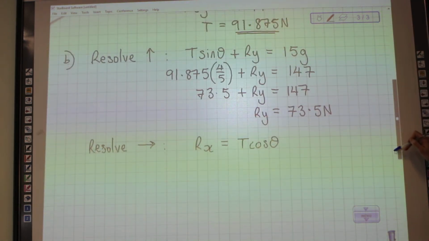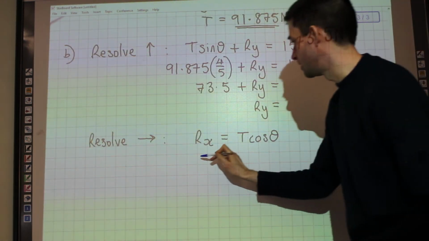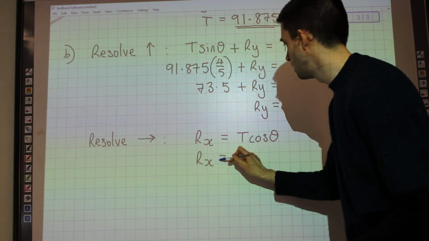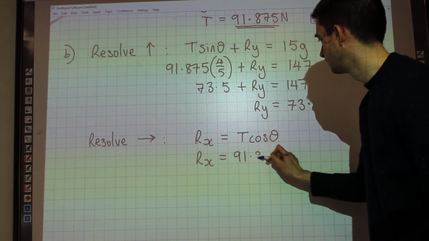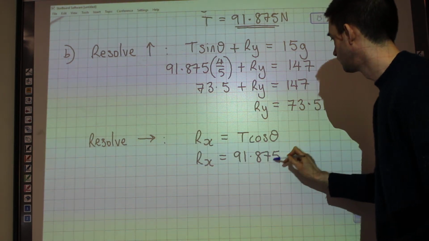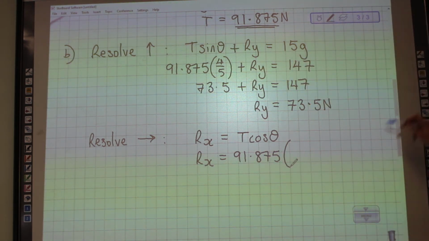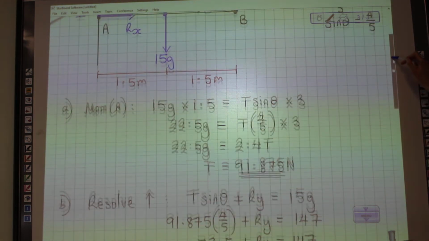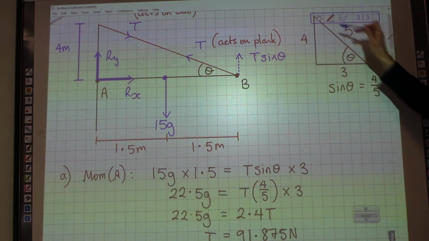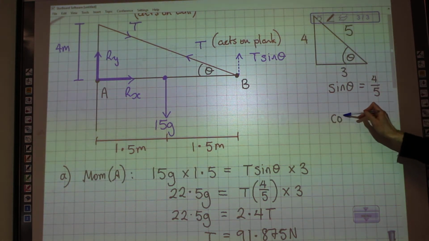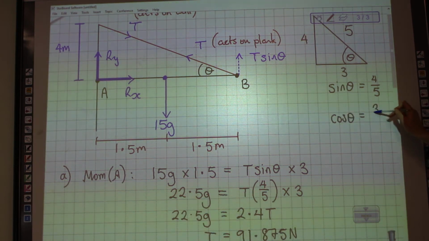So I have the reaction at x, which is equal to t cos theta. I know that t is 91.875. Cos theta, I haven't explicitly worked out yet, but if I go back to the triangle that I drew earlier on, cos theta, adjacent over hypotenuse, is going to equal 3/5.